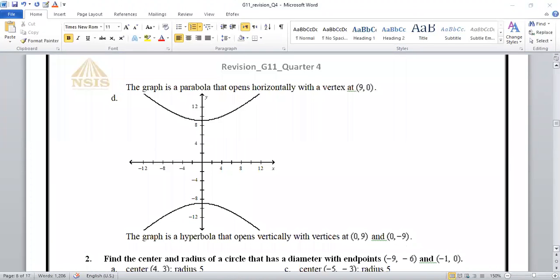Number D, the graph is a hyperbola with its transverse axis along the y-axis. So the true answer is number D.